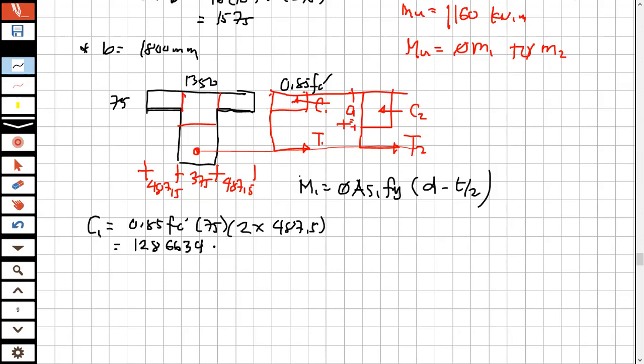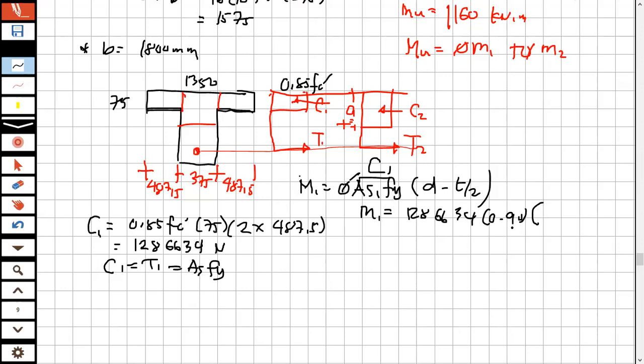Now C1 is equal to T1, which is equal to As1 over Fy. Actually, for M1 we can just use C1, 1286634, with the reduction factor of 0.9. What is d?